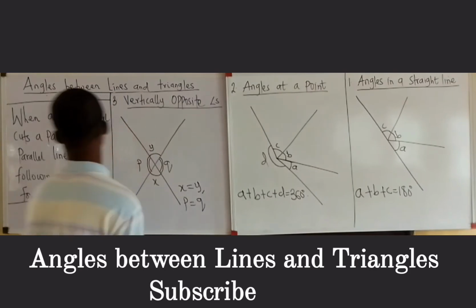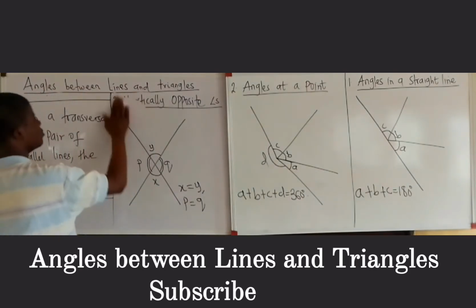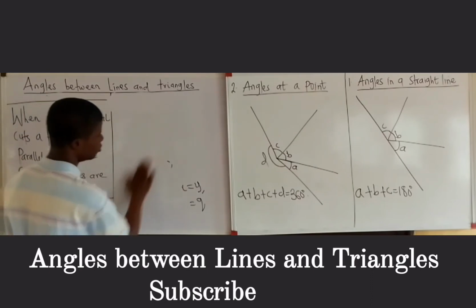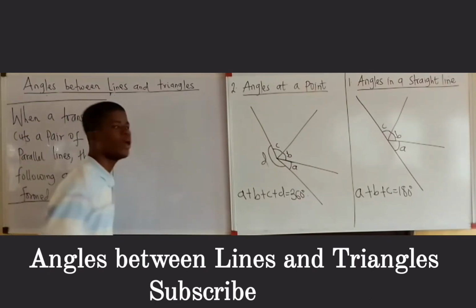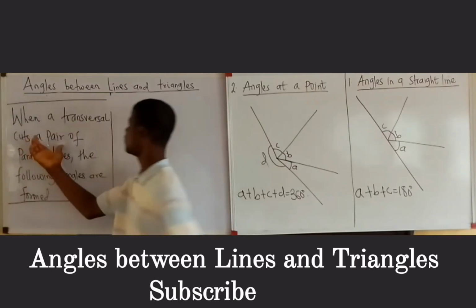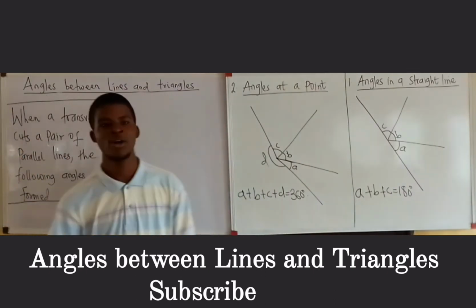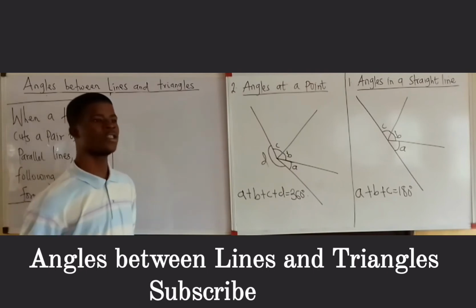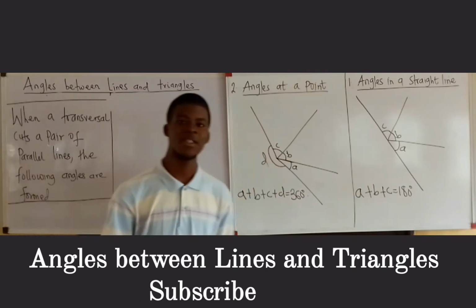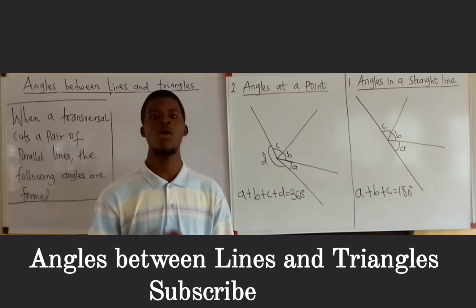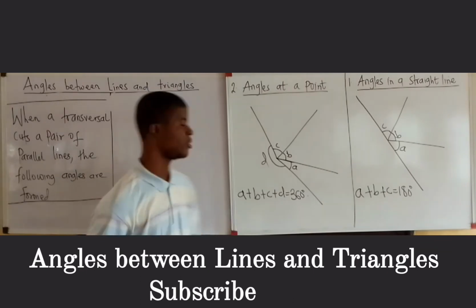Now, let's continue with our discussion. When a transversal cuts a pair of parallel lines, the following angles are formed. First of all, what is a transversal? A transversal is a line that cuts parallel or non-parallel lines.